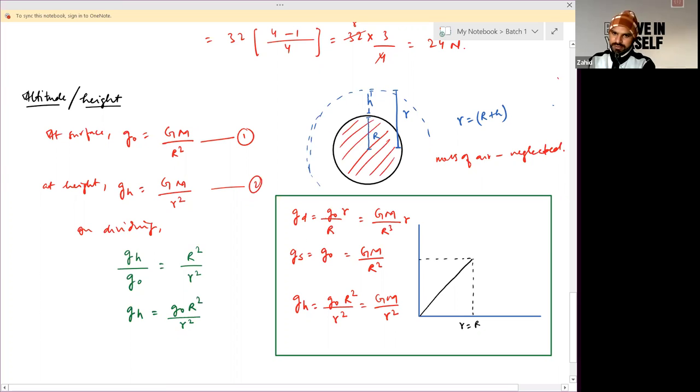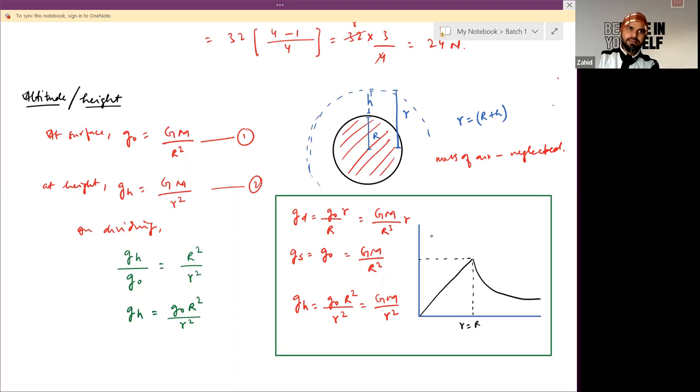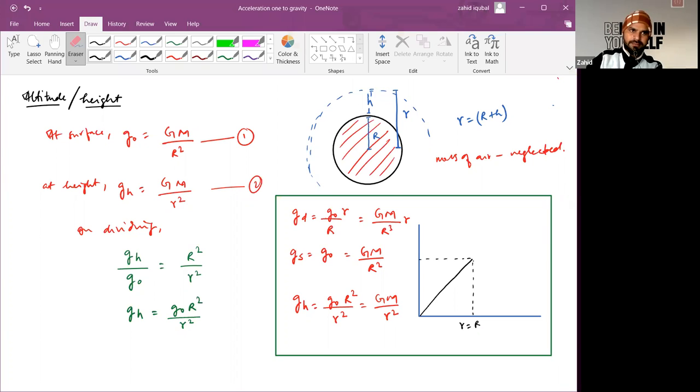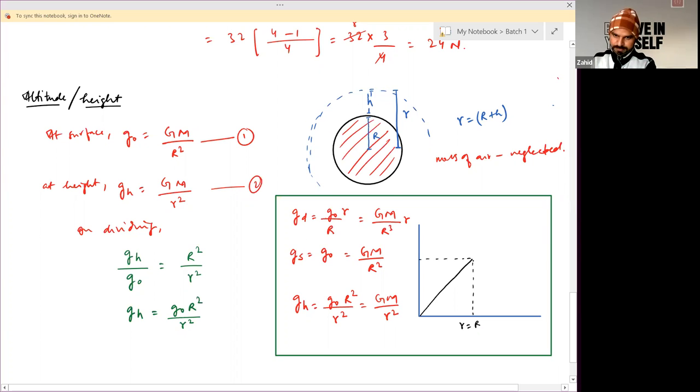And outside of the Earth, gravity is decreasing as inversely proportional to r squared, or a rectangular hyperbola, like this. So this is the variation of gravity with respect to distance from the center to the outermost part.